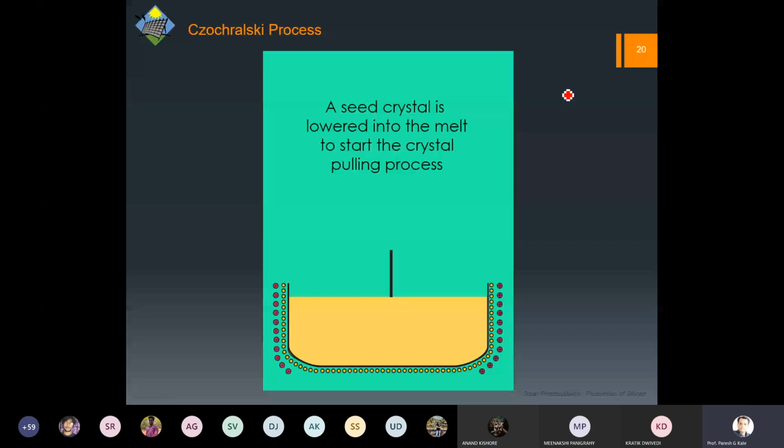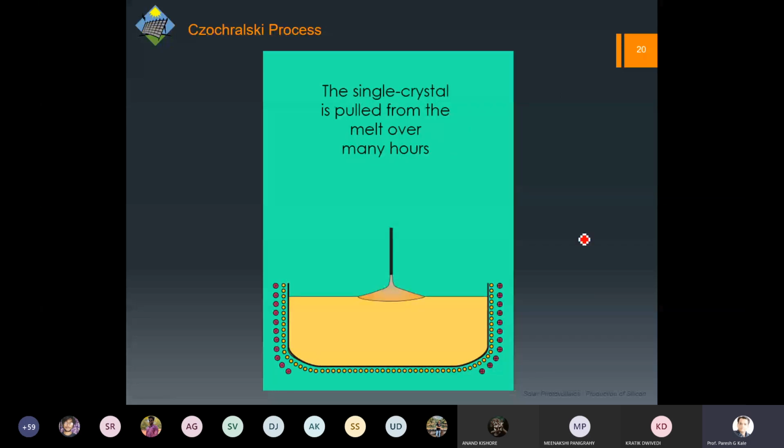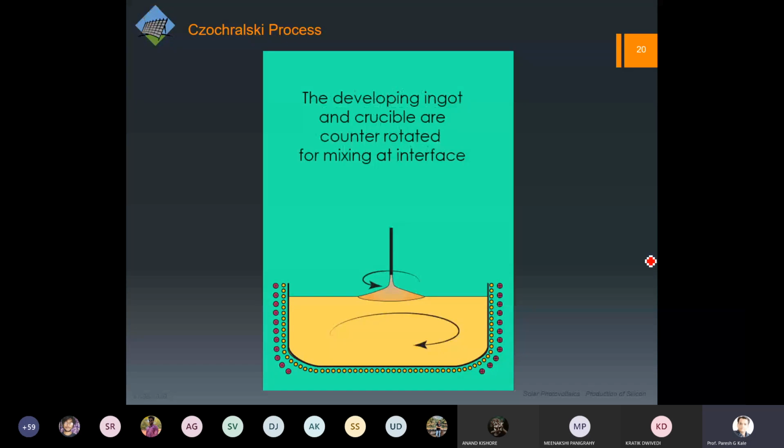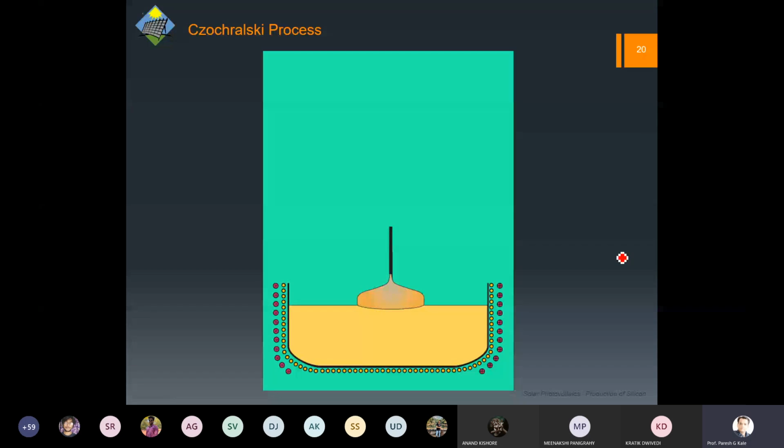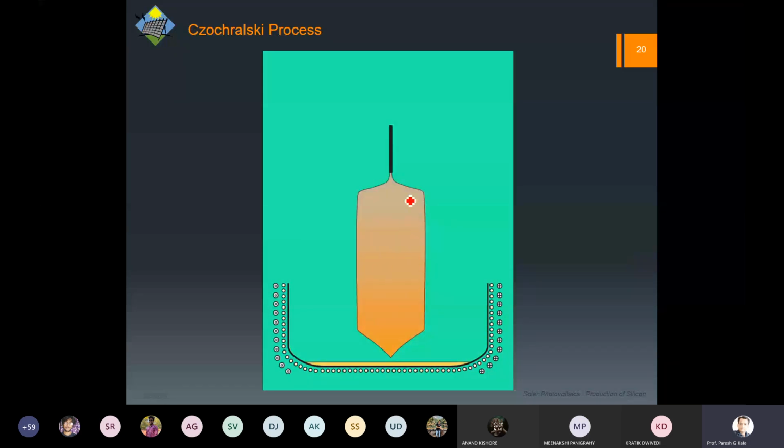Now this is the seed which is lowered, and then you start pulling, and you can see the top or neck being formed. It is counter-rotated so that you mix as well and have uniformity. You keep on doing this process, and ultimately you get the final ingot.